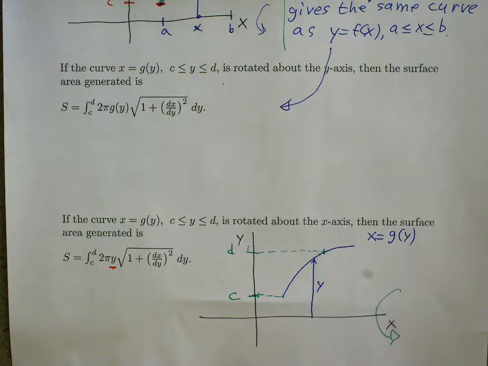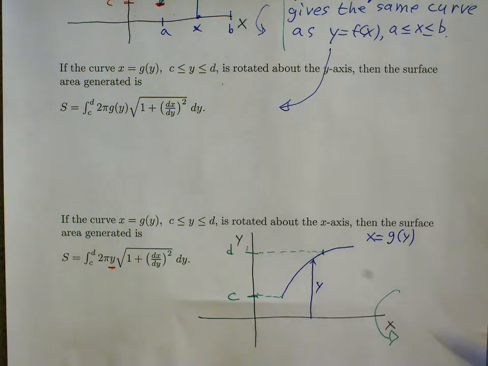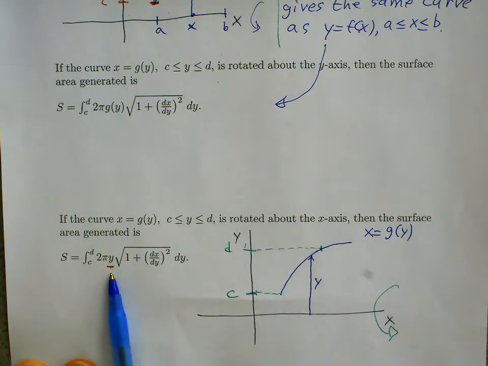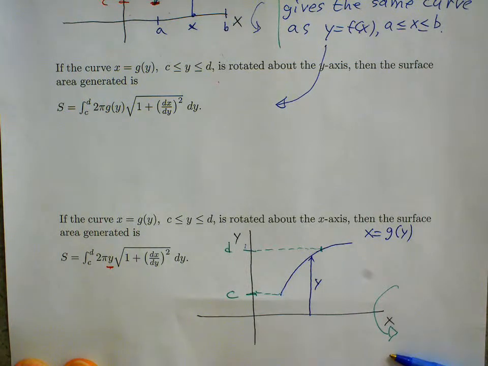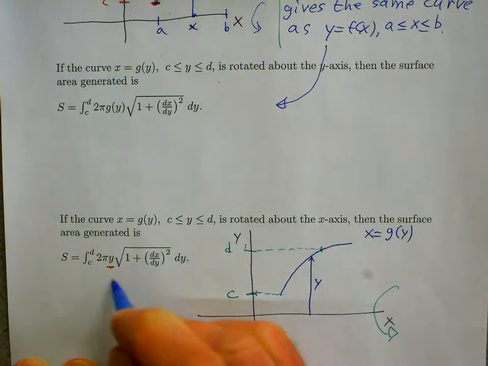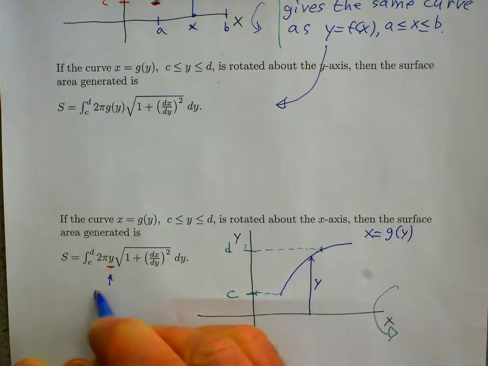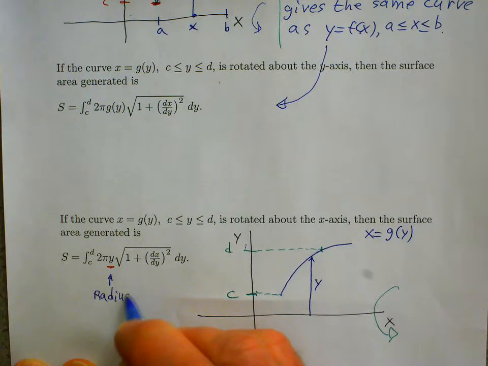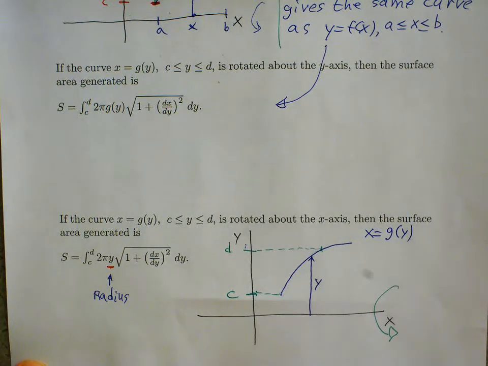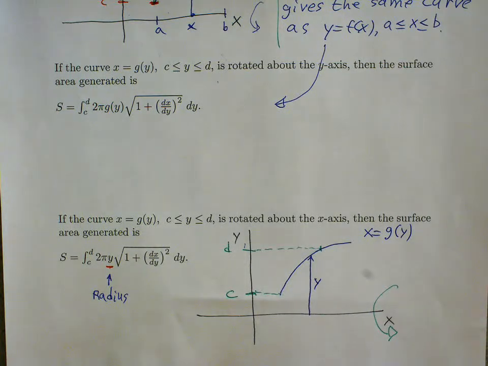The radius of a cross-section of the revolution is a y value. So that's why this y is there if we're going to rotate it about the x-axis. Okay, so that's the idea. You'll see some of those in the exercises, a couple of the exercises that I assigned for practice.